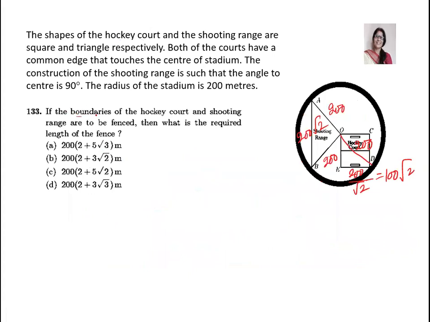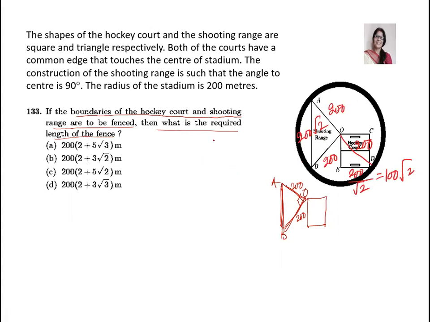Next, if the boundaries of the hockey court and shooting range are to be fenced, then what is the required length of the fence? Fence means it is the perimeter. So perimeter of the triangle plus perimeter of the square. For the triangle, this is 200, 90 degree, 200. We want AB.